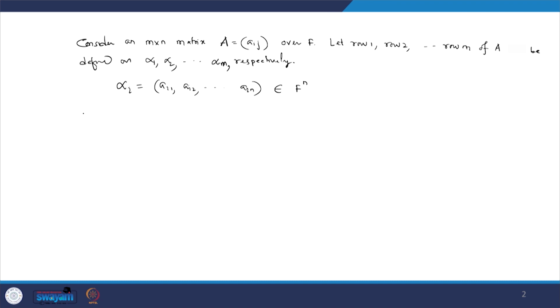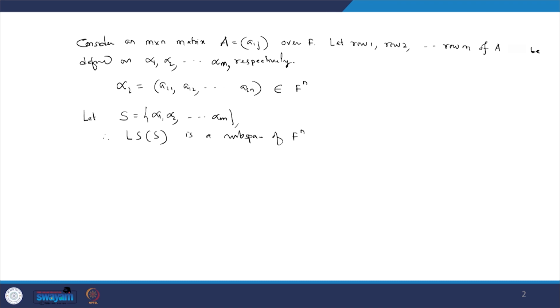So, let capital S denote the set alpha 1, alpha 2 to alpha m. So, the linear span of capital S, which is a subspace of F^n, is of course also a vector space.